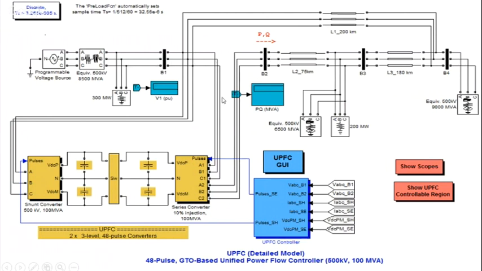This is the path. Here the converter is connected in series, and this is the rest of the network. Again a transmission line, one more bus. This is the load. Then this is the shunt converter, which is connected in parallel to the line. This is connected in shunt. The capacitor of this and the capacitor of the series converter are connected through a switch. This is the switch. This we will see in the MATLAB environment also.